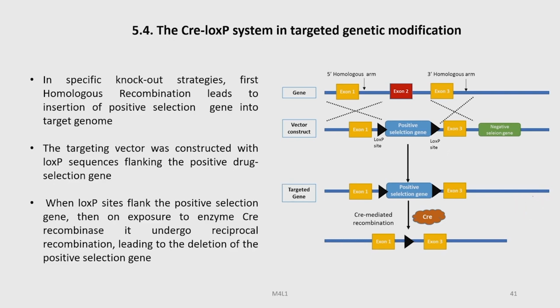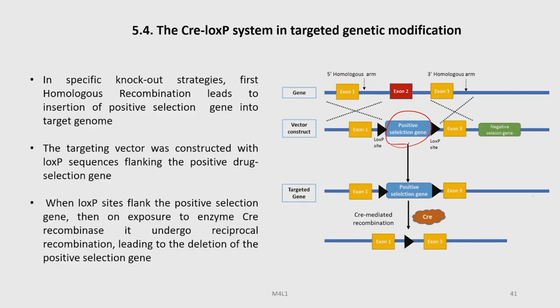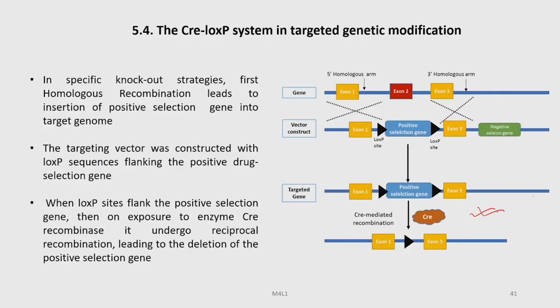The targeting vector is constructed with LOXP sequences flanking the positive drug selection gene, which I have already explained to you. When LOXP sites flank the positive selection gene, then on exposure to enzyme Cre recombinase, it undergoes reciprocal recombination leading to the deletion of the positive selection gene. So, this is the step where the positive selection gene is removed.